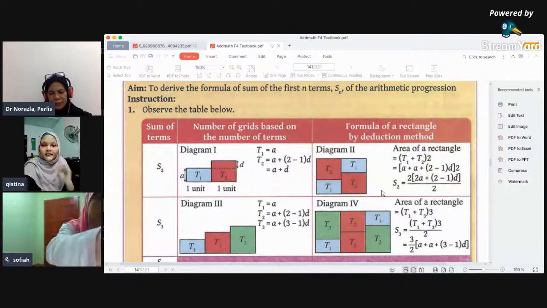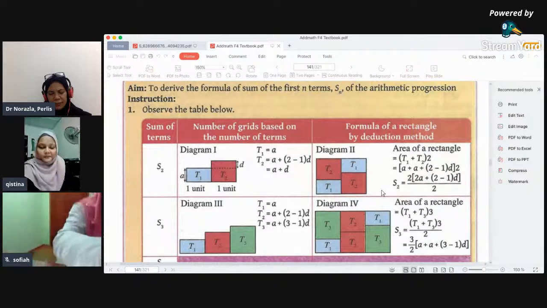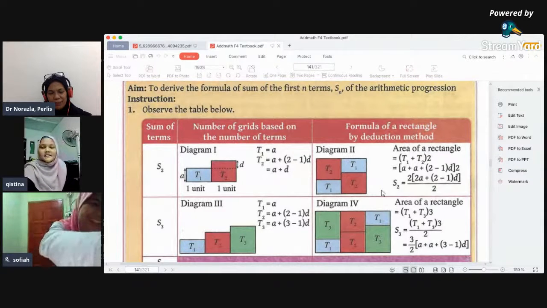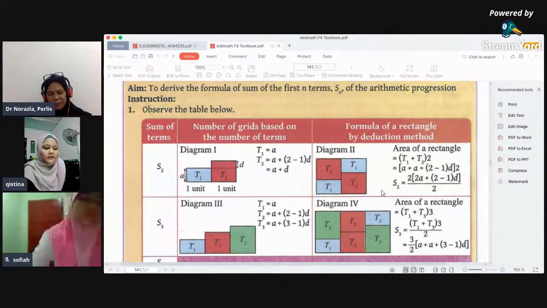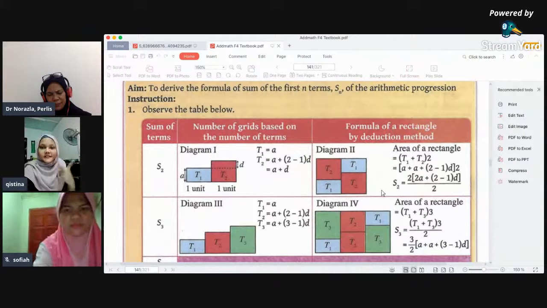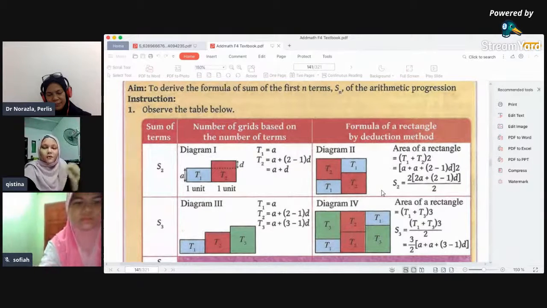T1 equals A, while T2 is D higher than T1, which means A plus D.